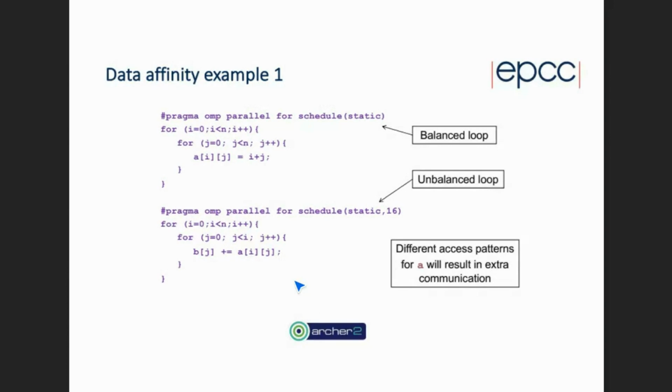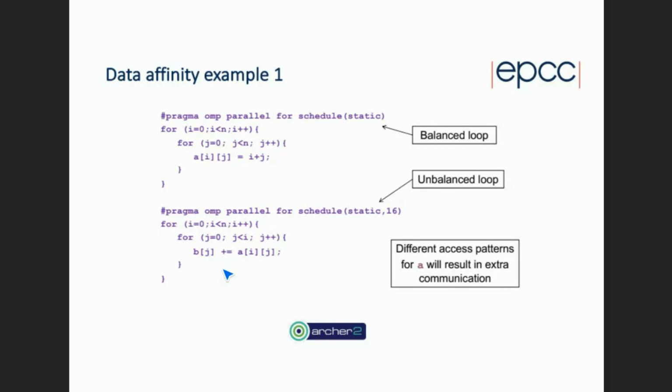Okay, so here's an example of where things can go wrong. There's a little bit of complexity here, so let me talk through this example carefully. We've got two parallel loops here, and I want you to focus on the second one to begin with.